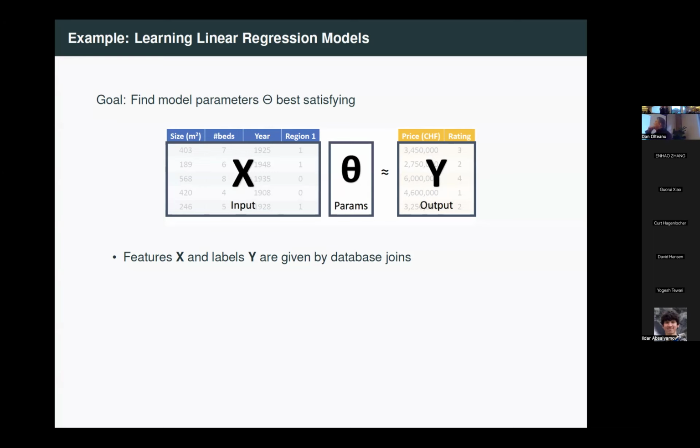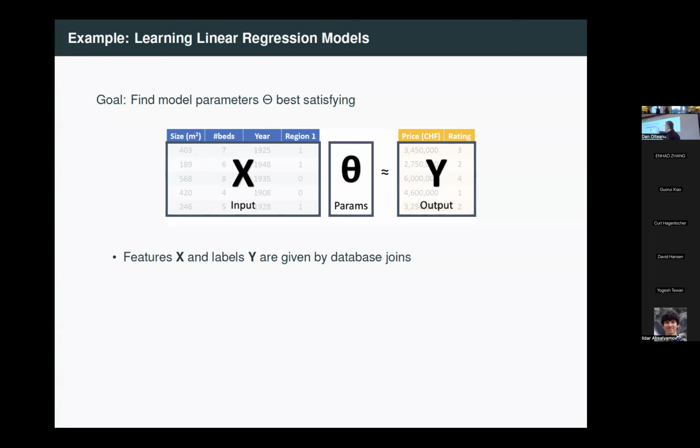So what do I want with training a linear regression model? Imagine I have here X as a matrix, which is defined by my join over the database, which gives me all the features like size, number of beds, year, region, and so on. This would be the parameters I want to infer, and this is the output I have in the data.